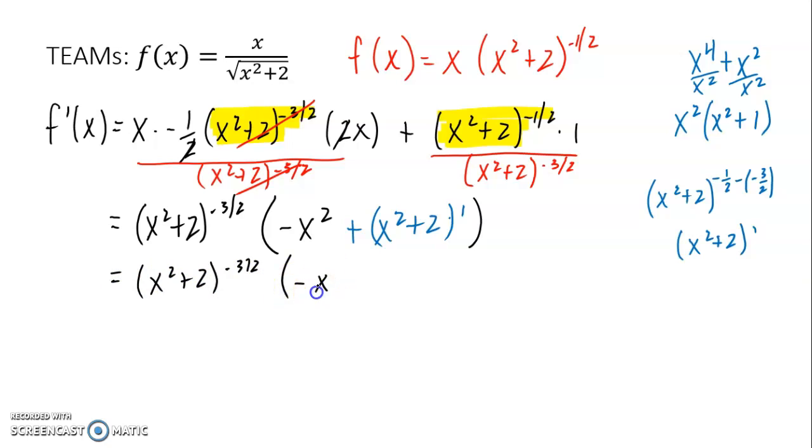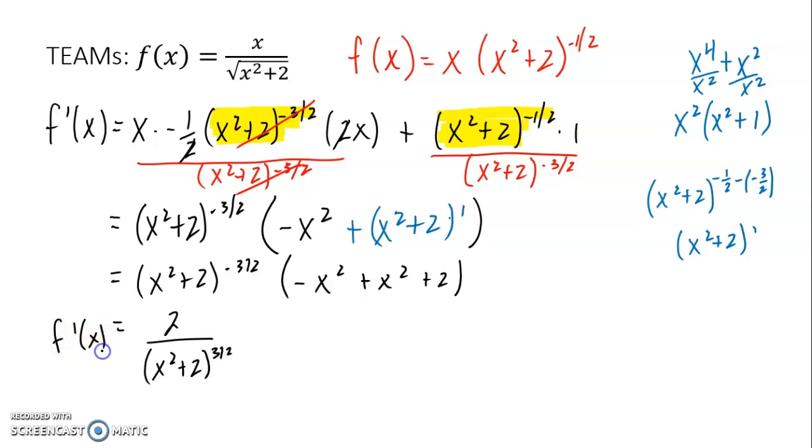Then I'm left with negative x squared plus 2. Those guys cancel, so I'm just left with 2 over x squared plus 2 to the 3/2 power. So there's my derivative. Once you get comfortable with understanding that it's really just factoring by GCF, I don't think it's a difficult method.